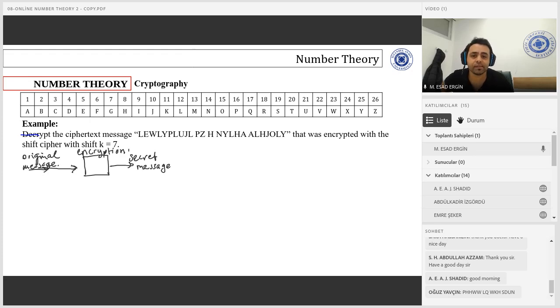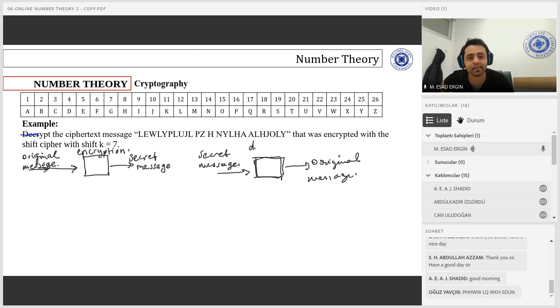But if you send the secret message to the box, and the output of this box is the original message, we call this decryption.